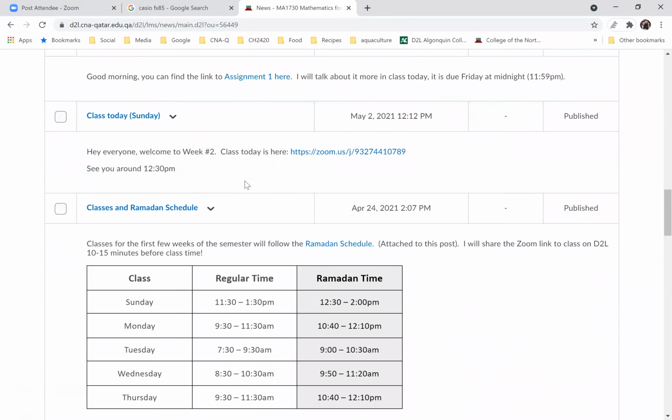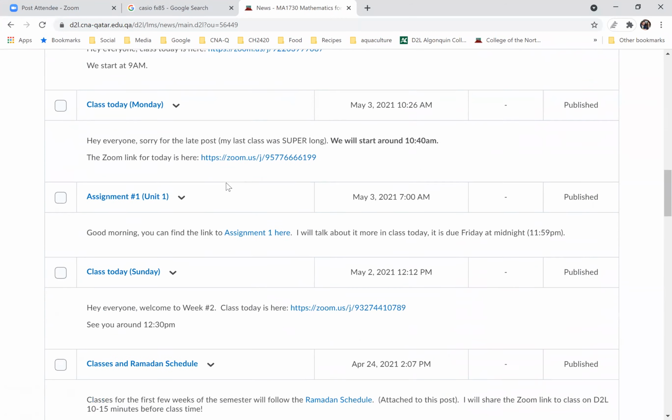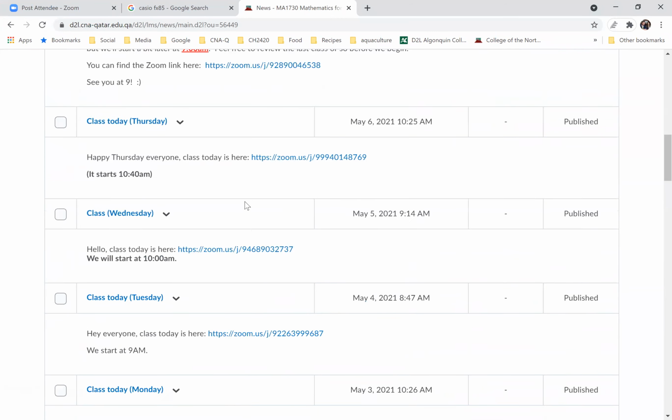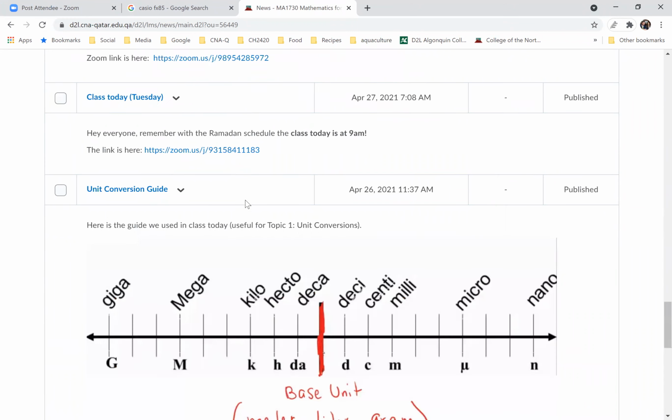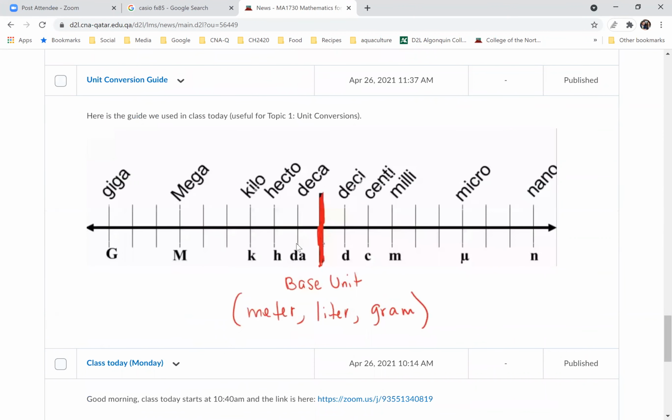So, the old Ramadan schedule, assignment 1, assignment 2. I posted this back on April 26th. So you will be given this chart here to convert between giga, mega, kilo, things like that.